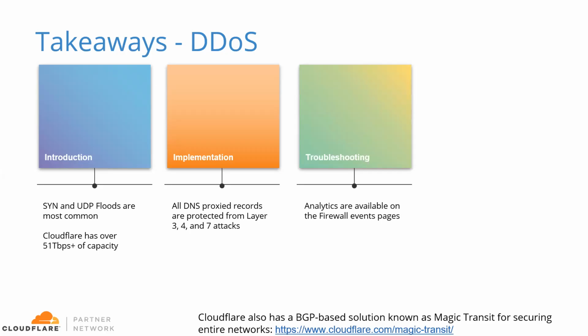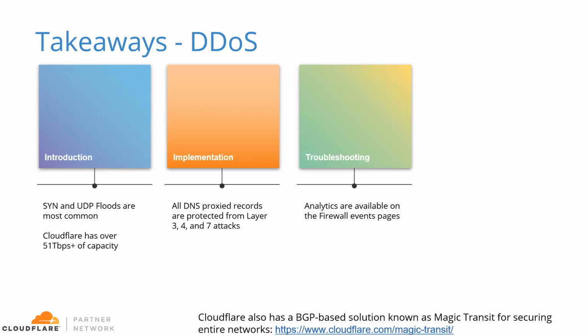On top of that, we have an additional new solution, a BGP-based solution known as Magic Transit, to secure an entire customer network. Because take note that currently, what I explained to you here, the DDoS, it's all domain name based, DNS based.